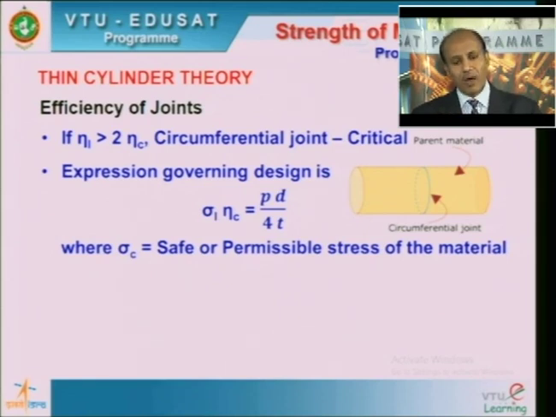And when we have joints, we modify our expressions for sigma c and sigma L, bringing the efficiency of the joint into the picture. I think we have arrived at an important stage here.